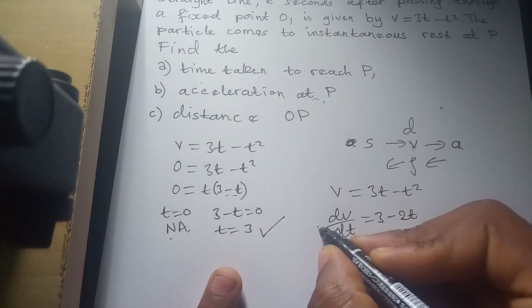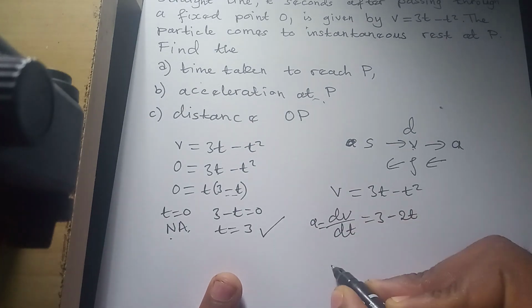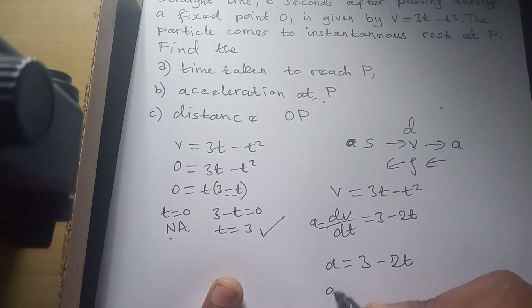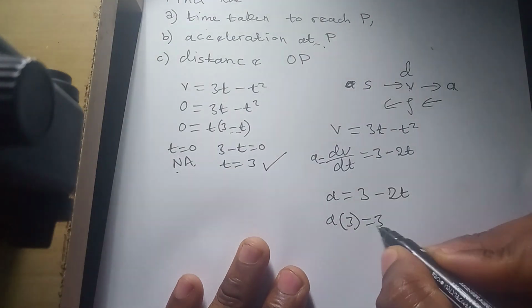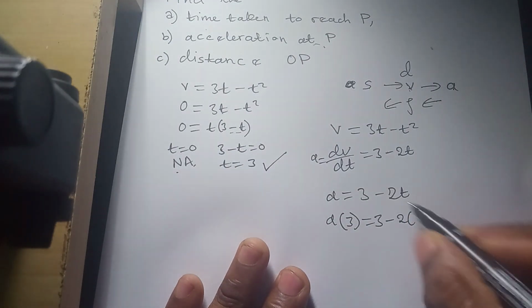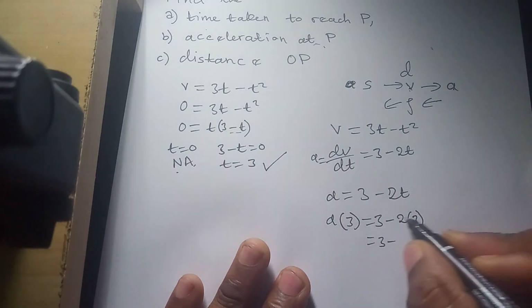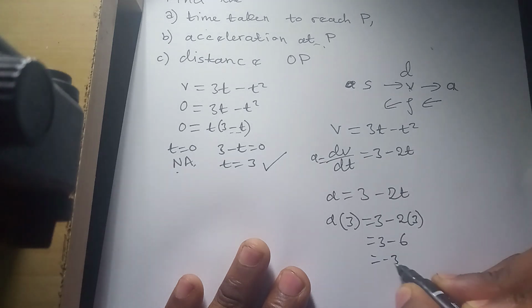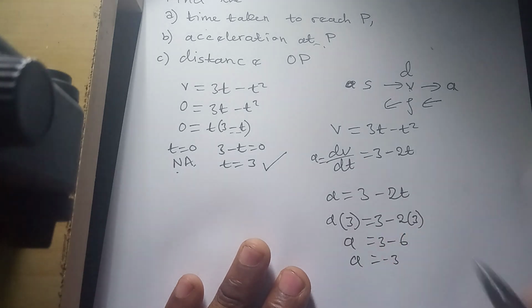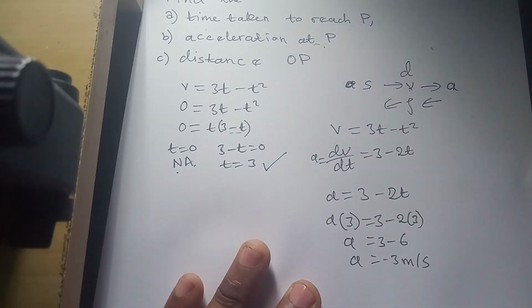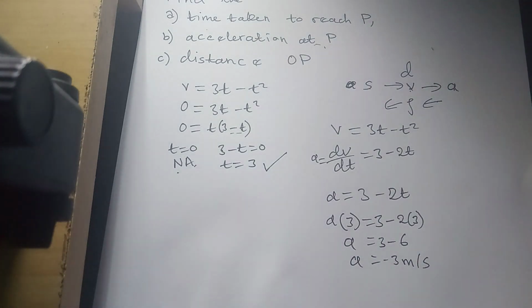So you can just say a is equal to 3 minus 2t, and then find a of 3. So this will be 3 minus 2 times 3, which would be 3 minus 6, which is negative 3. So our acceleration is negative 3 meters per second squared.